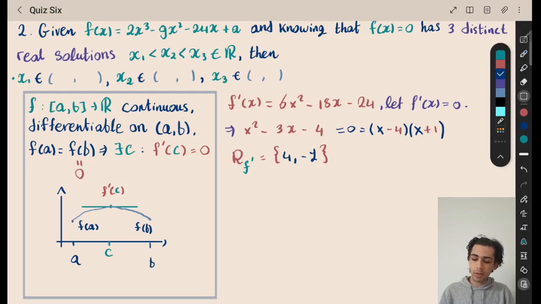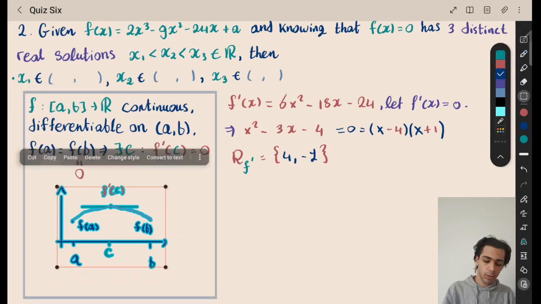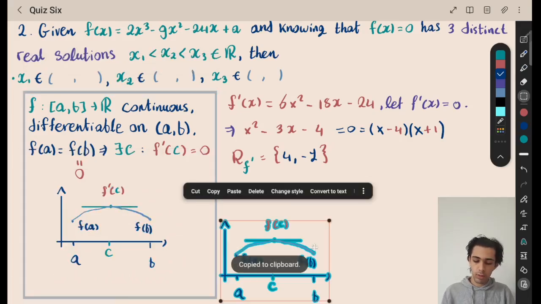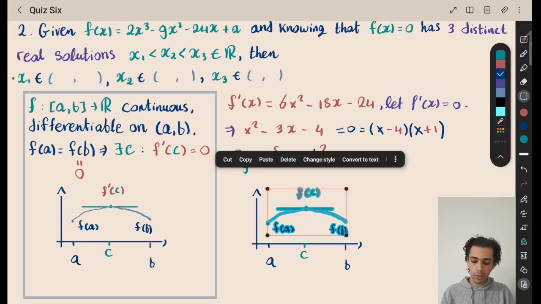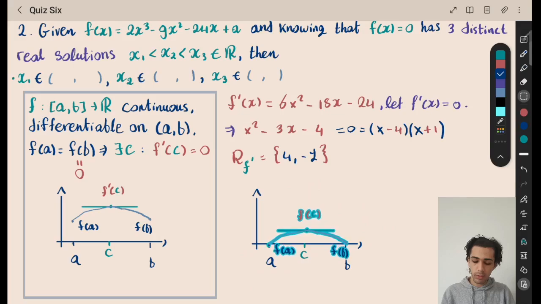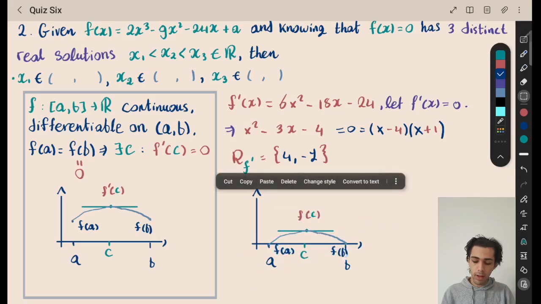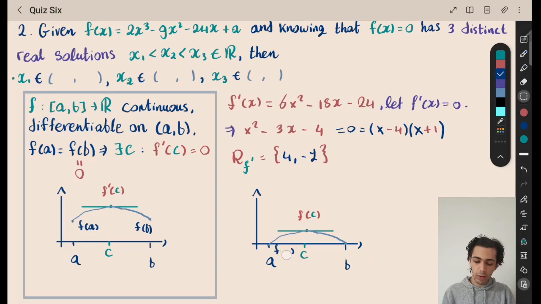So if you would like to imagine this, our setup is really not at these points, it's at the zeros of f. Let me repeat this, it's at the zeros of f. So we know if a function has a root, then it intersects the x-axis. So this is what I've set up here.